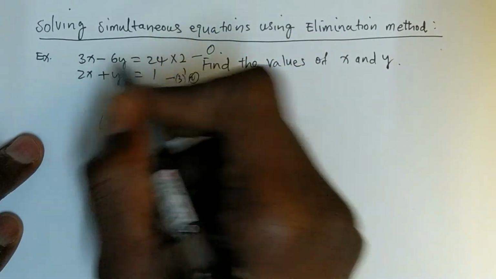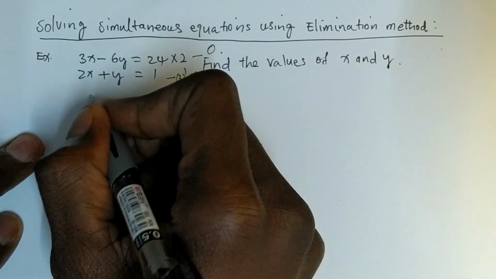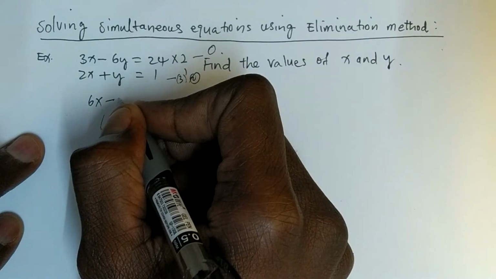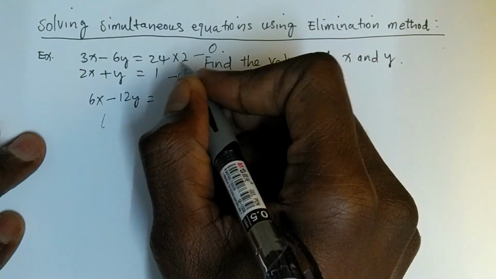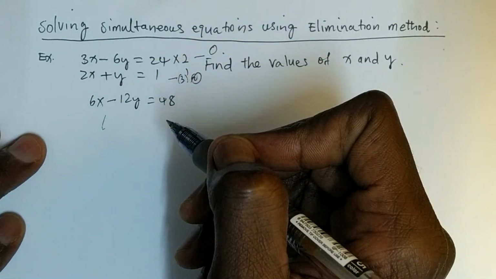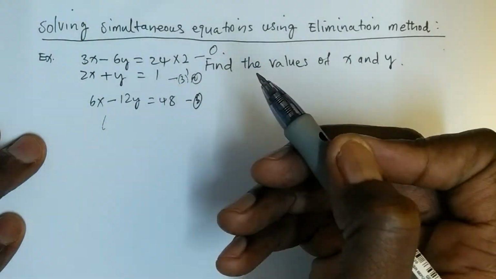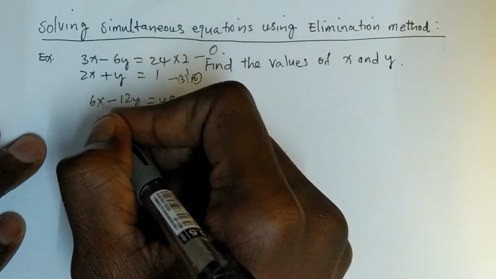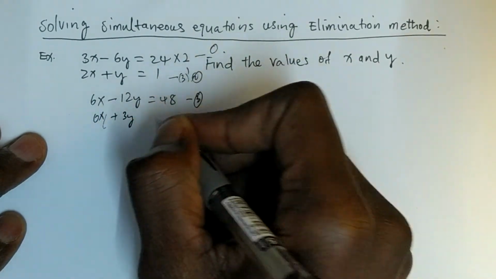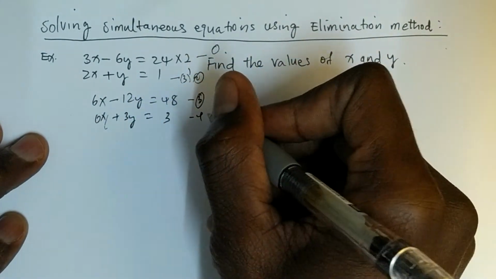If you multiply by 2, you will have 3 times 2 is 6x, minus 2 times 6y is going to be 12y, equals 2 times 24 is 48. We can call this equation 3. We multiply equation 2 by 3: 3 times 2x is going to be 6x, plus 3 times y is going to be 3y, and 3 times 1 is going to be 3. So we can call this equation 4.